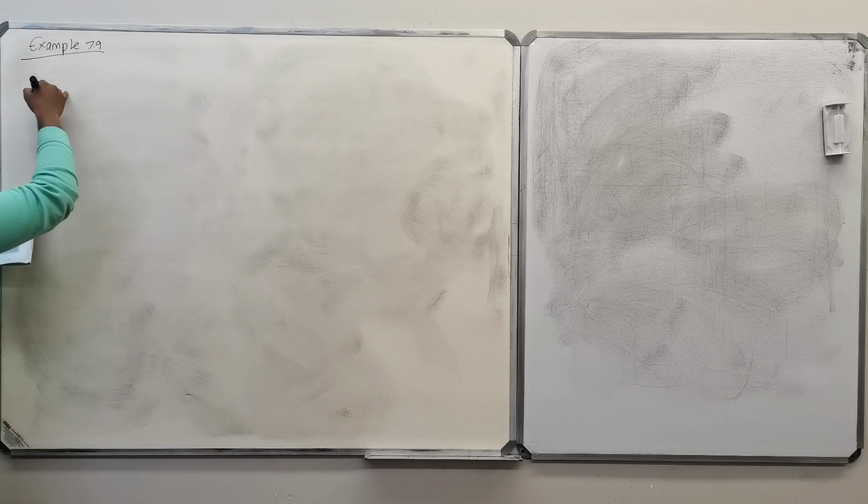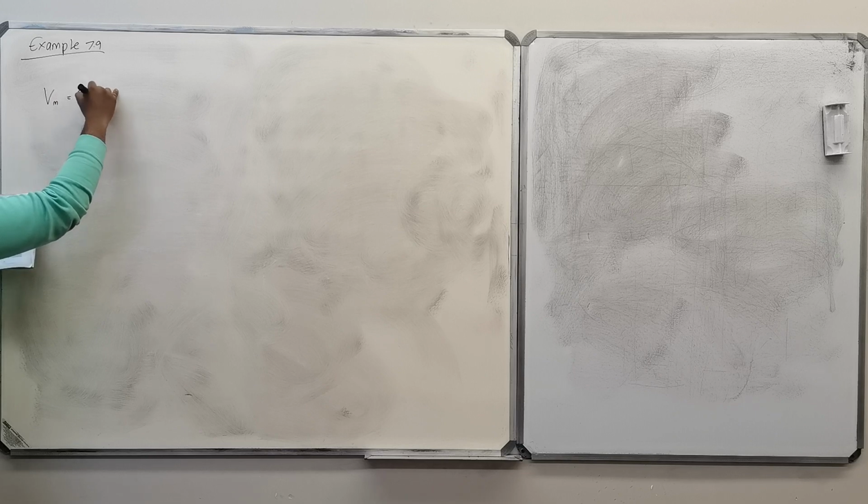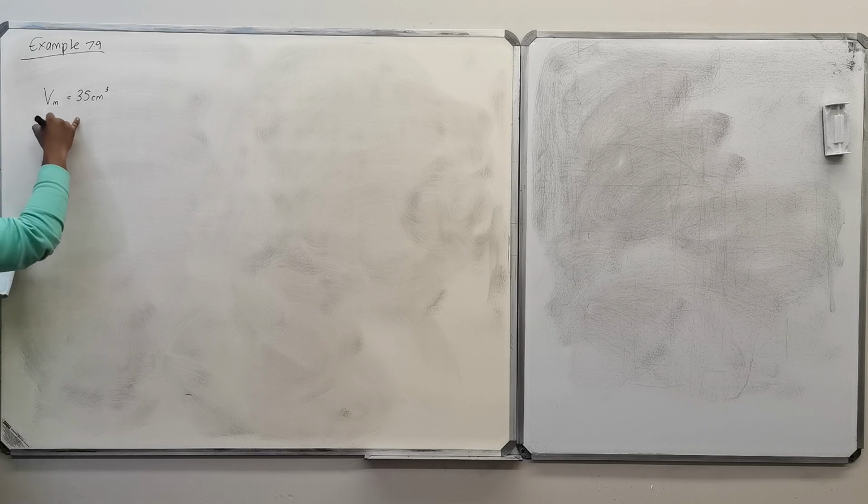They tell you that a glass is filled with 35 cm³ of mercury. So the volume of this mercury is equal to 35 cm³ at a temperature of 20 degrees Celsius.